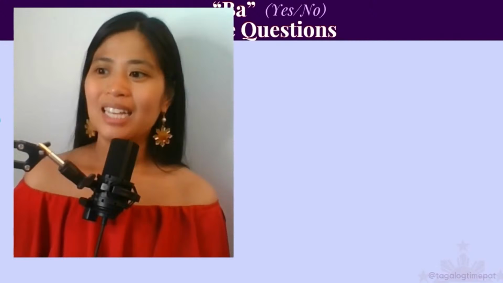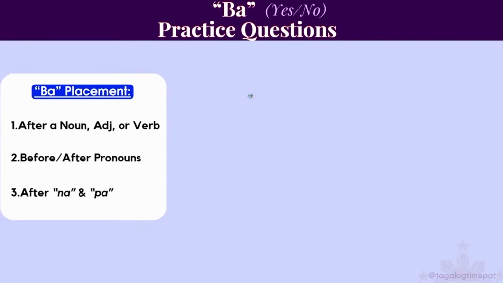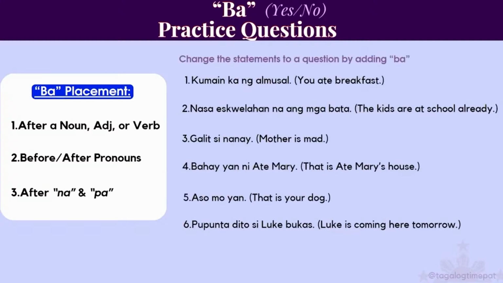Alrighty, last set of practice questions here. Let's practice ba, and here are the placements of ba. Remember, they go after a noun, adjective, or verb. They go before or after some pronouns, and then they go after na and pa if they appear in the question. Let's do the first one. Kumain ka ng almusal. We have to change the statement into a question by adding ba. So, kumain ka ng almusal means you ate breakfast. Where would ba go?